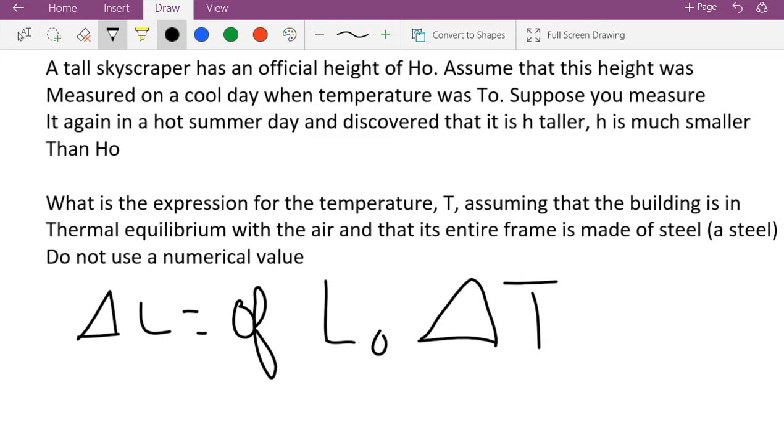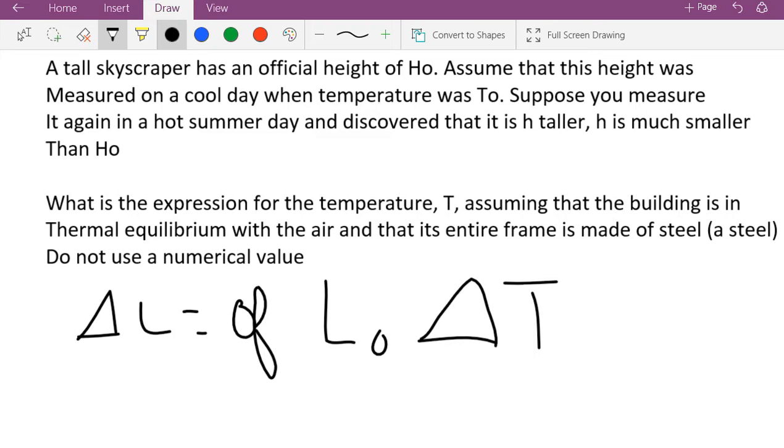That's the equation we're working with: the change in length equals alpha, which is a coefficient that's just going to be given to you if you're working with numbers, times length naught and delta t.